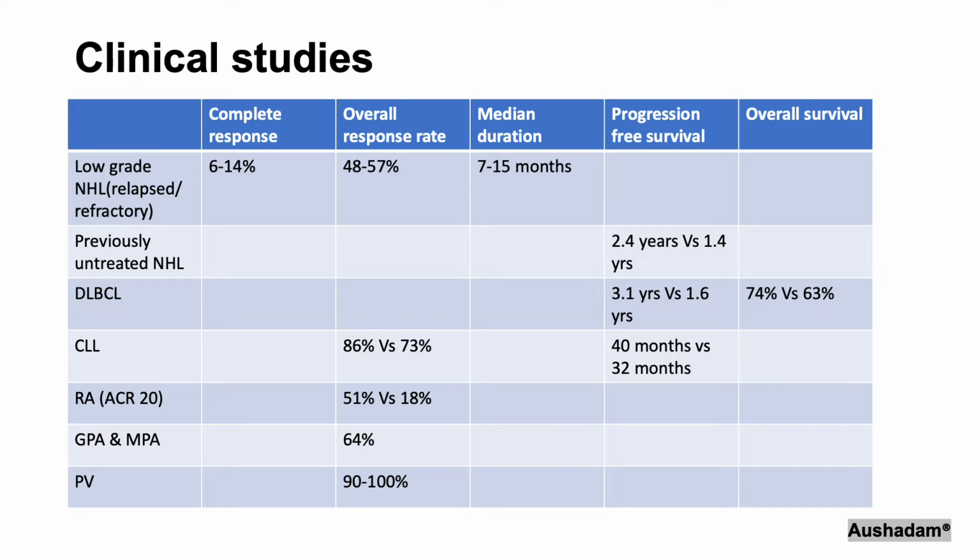In CLL, there's an 86% overall response rate, in rheumatoid arthritis a 51% response rate, in vasculitis around 64%, and in pemphigus vulgaris it is close to 100% response rates.